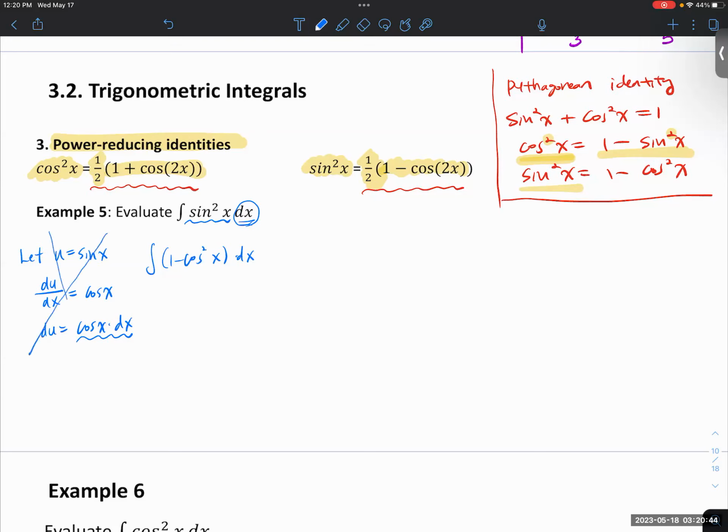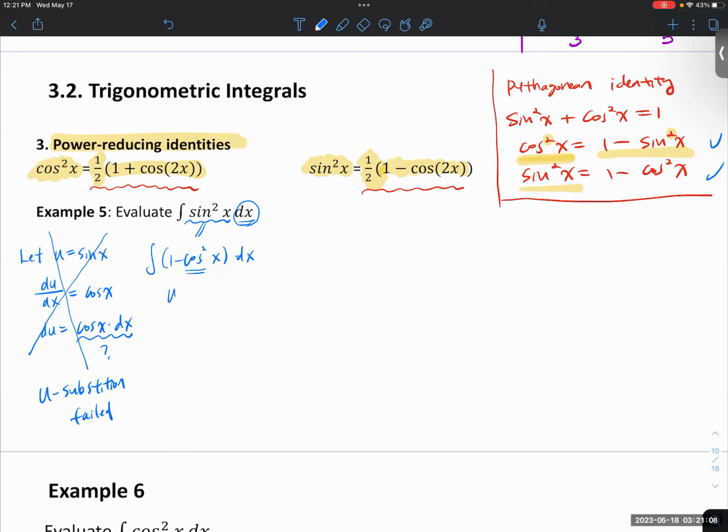We failed to use u substitution because we can't find cosine x dx. So now I'm going to use the Pythagorean identity. u substitution failed, and I'm trying to use the Pythagorean identity, which says sine squared x is the same as 1 minus cosine squared x. So in this case, cosine x has been subbed into the quadratic.